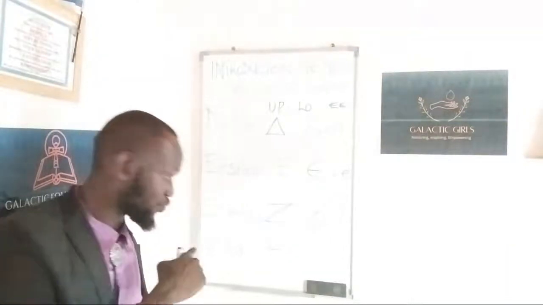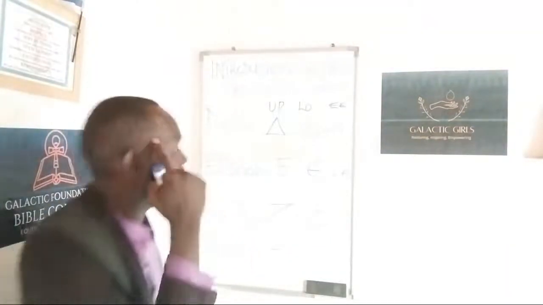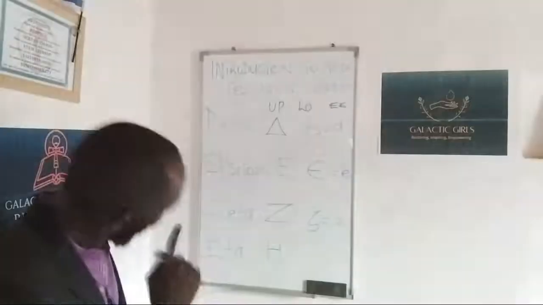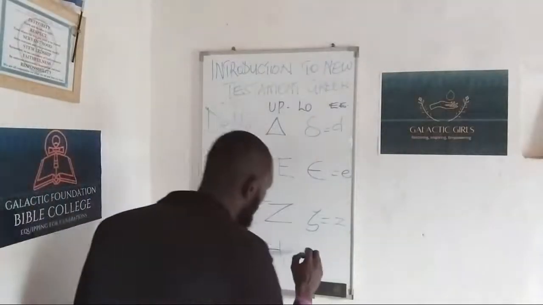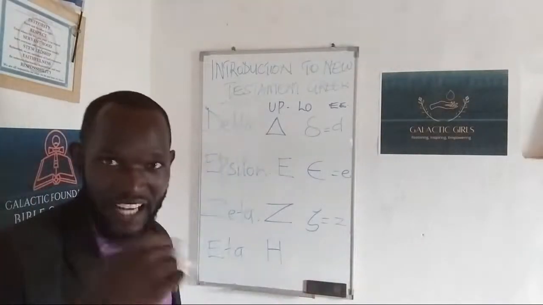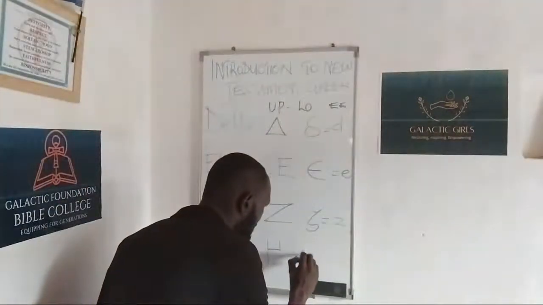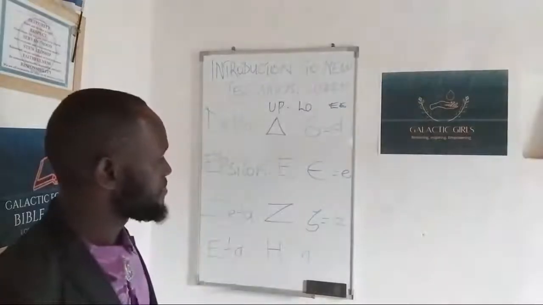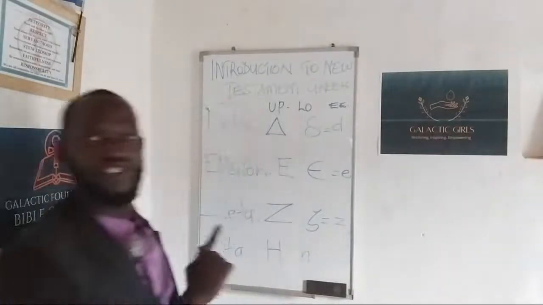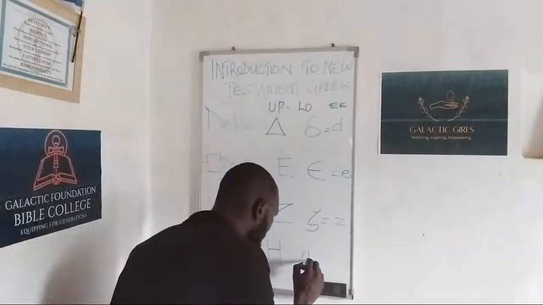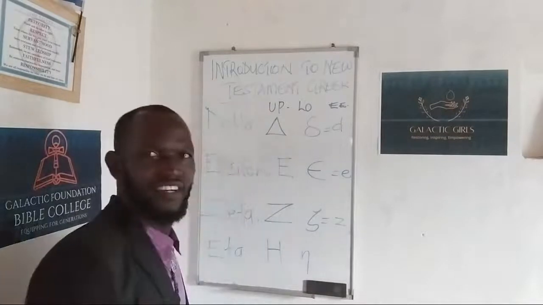So you notice how it's written. The lowercase for eta is like you're writing an N, like the lowercase English N. So write the N, but then instead of just stopping there, you give this part a tail. You get it?